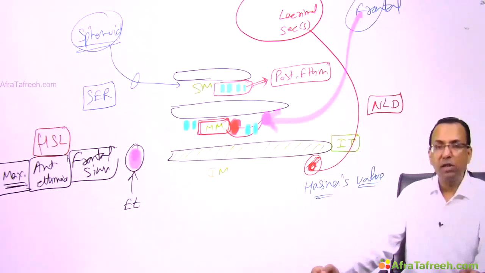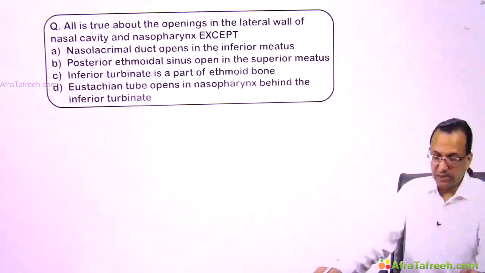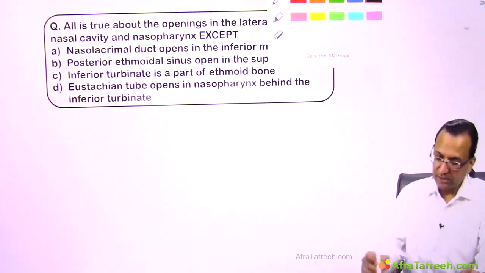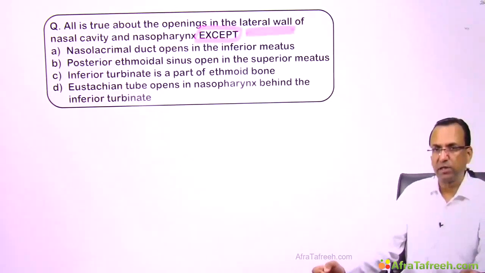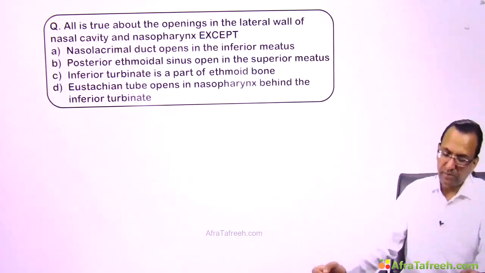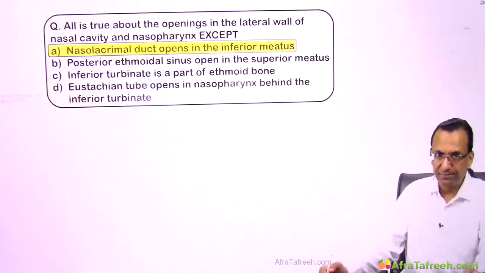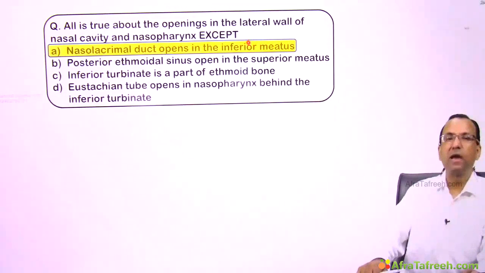These are all MCQs. Okay, what is next? Next is the question. You have to answer it. Tell me, what is the exception? This question is asking for the exception regarding the openings on the lateral wall of the nasal cavity. Which is the wrong statement here? The nasolacrimal duct opens in the inferior meatus, more anteriorly, guarded by Hasner's valve.